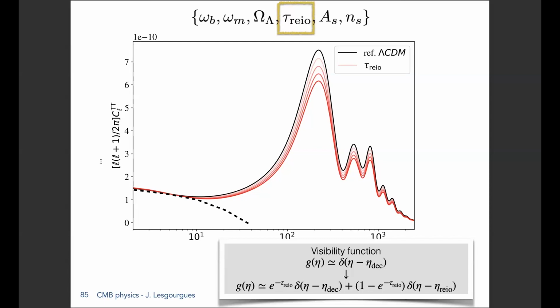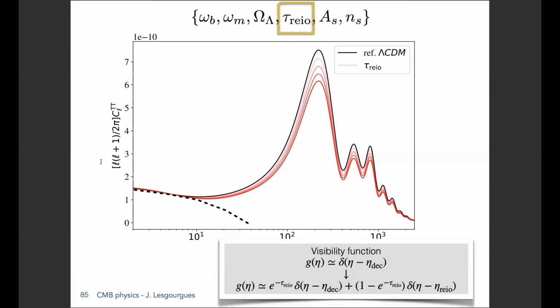So to get this, I derive an approximation of my visibility function, where I have the Dirac peak at decoupling multiplied by the surface below this peak, which has to be exponential minus tau rho. And this is very clear from one of the first slides when we explained how G was connected to tau rho.